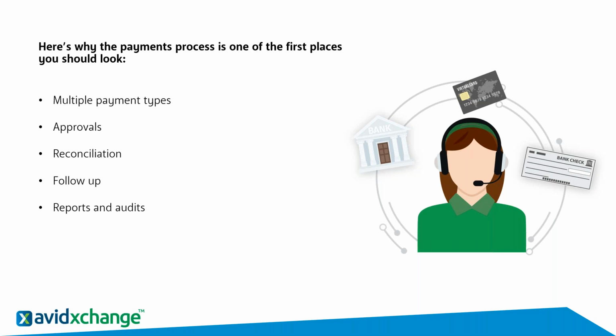The reconciliation over multiple ways of payment is very difficult. And then the follow-up. What I mean by follow-up is you've got to make sure that these checks clear. You've got to run an ACH process. You've got to make sure that they get deposited. And in some cases, you've got to run positive pay reports, which is really a way in which you can prevent fraud.